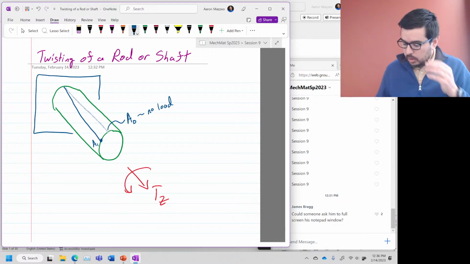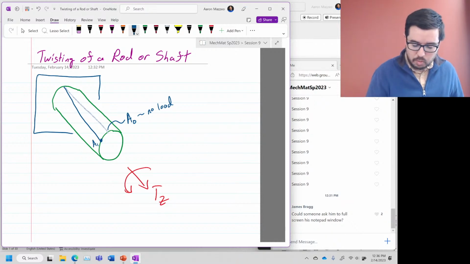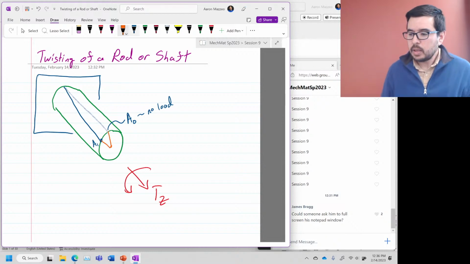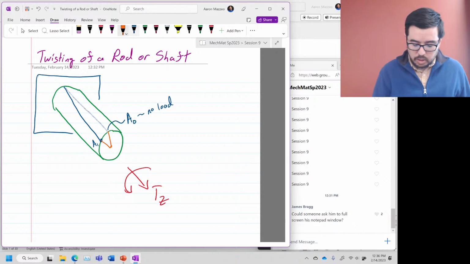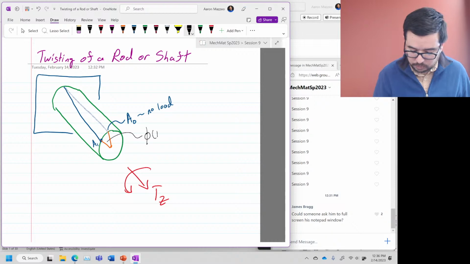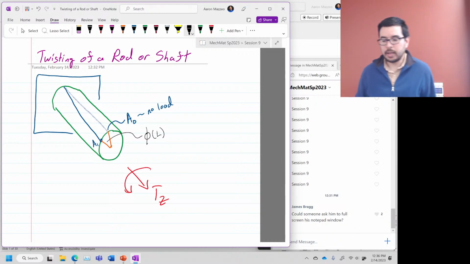So, this angle with the center, like that. This angle we can call, use this one, I guess. Or maybe use this one. Phi.